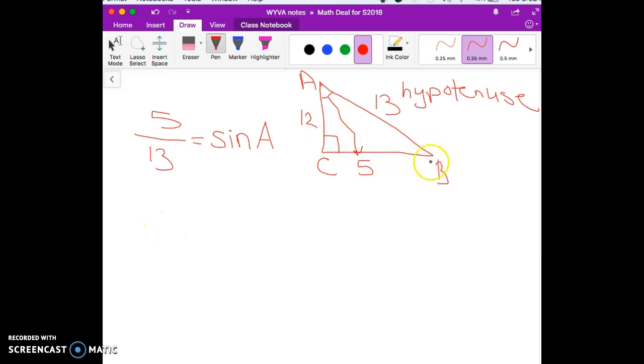Then B felt really left out and wanted something too. So we can take the sine of B and say, opposite. I'm going to put my thing at B and hike straight across, 12, still over the hypotenuse, which is always 13.